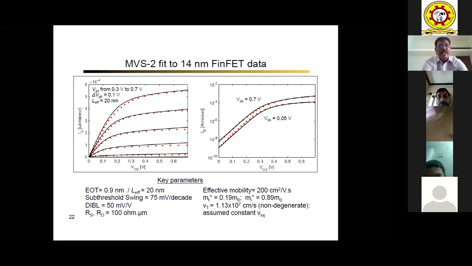If I can design a device which shows better performance compared to these benchmark models, then I can right away say that our device is much better than some of these findings. Okay, so EOT is the equivalent oxide thickness, and L effective is the gate length, subthreshold swing; some standard values are given, because when you're simulating your device, it will ask you to input certain parameters, right?